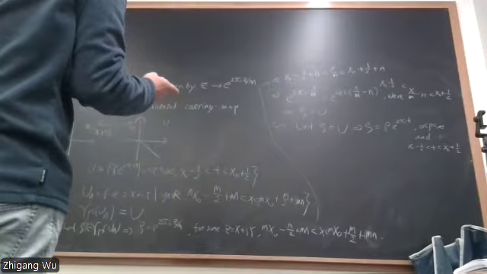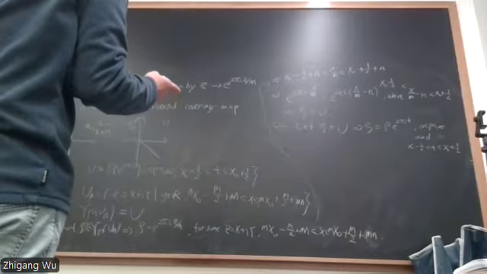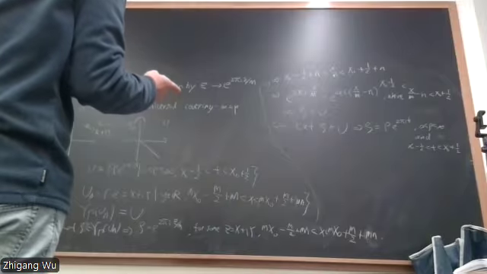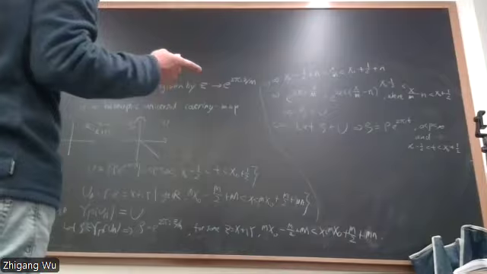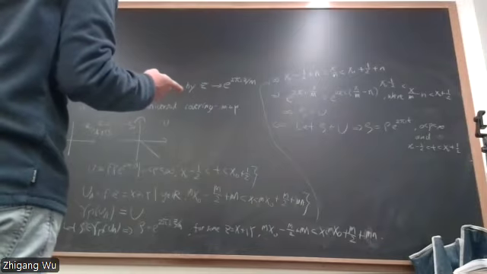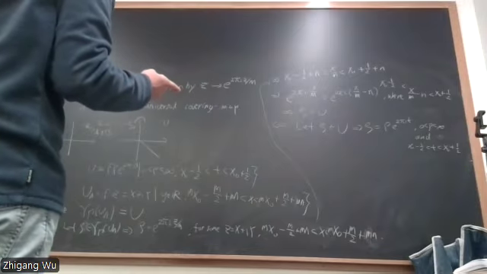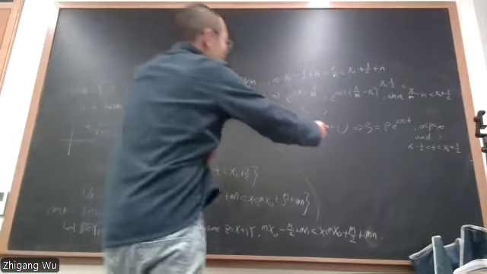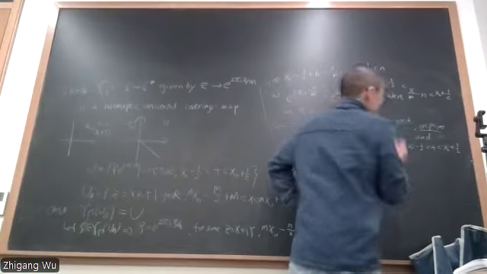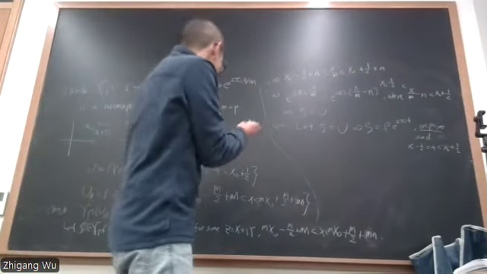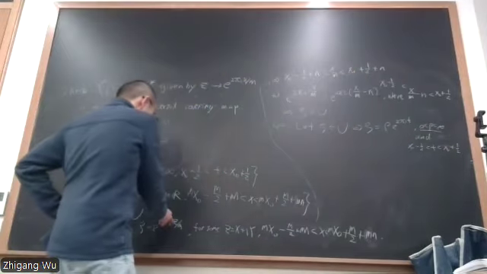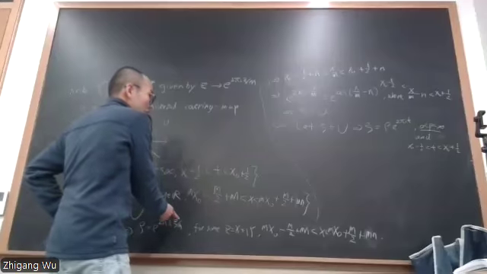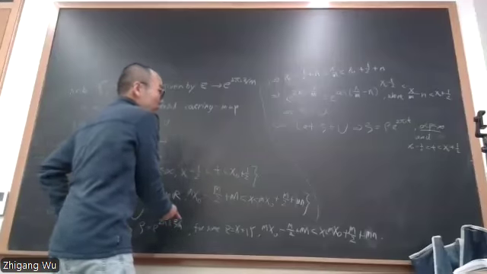Okay. For this row, we can easily find a pre-image that corresponds to the y value here. Okay, so I will prove it.